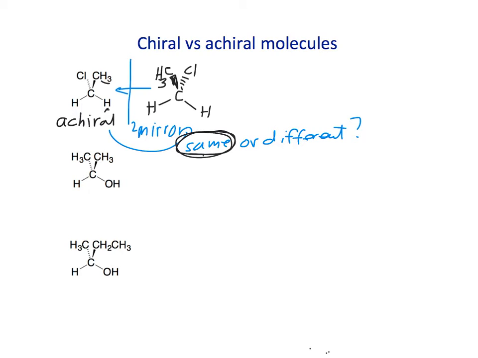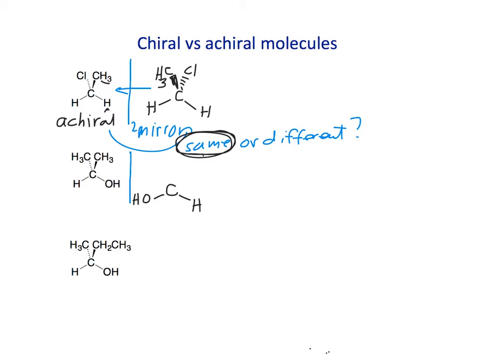All right, what about the next one? Let's draw this here. There's our mirror. Let's draw our mirror image. Now the OH, the alcohol, is pointing toward the mirror, so it would be pointing back towards the mirror in the mirror image. The H would be pointing away.